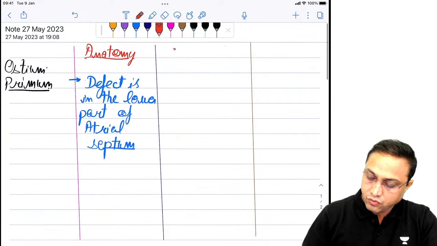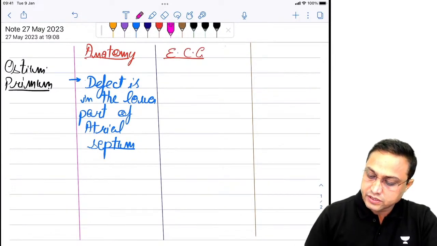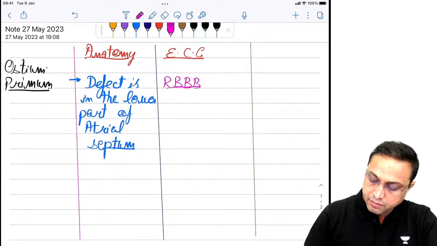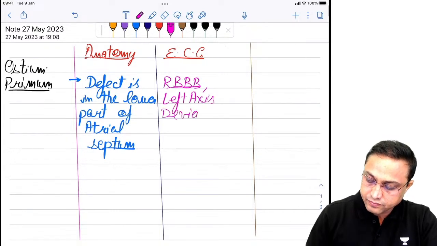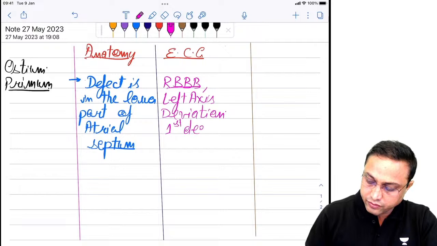Second, my dear friend, what ECG changes are we going to find? The patient is going to have right bundle branch block and left axis deviation, or the patient can have a first degree heart block.